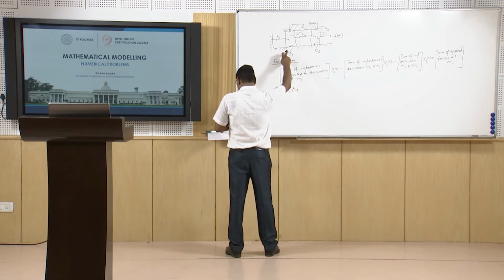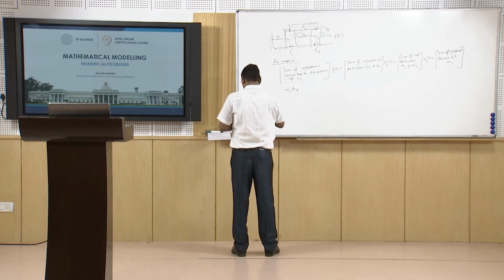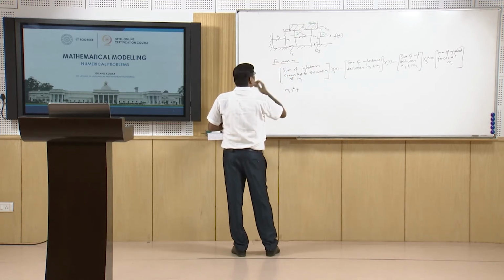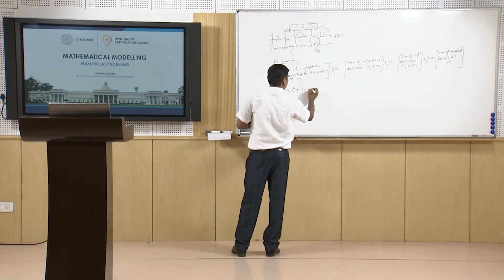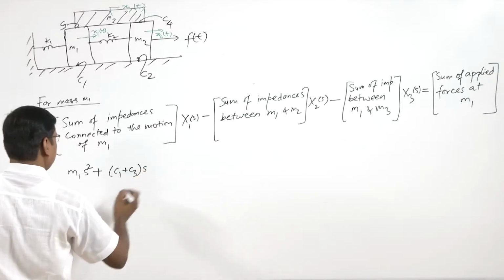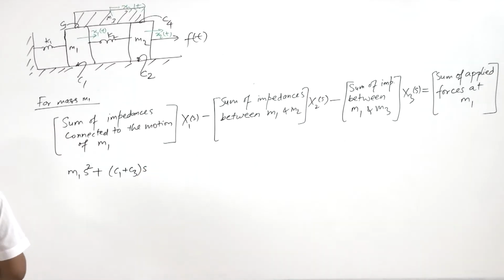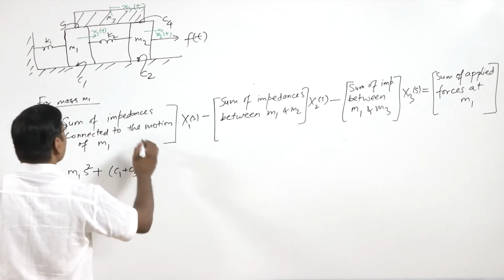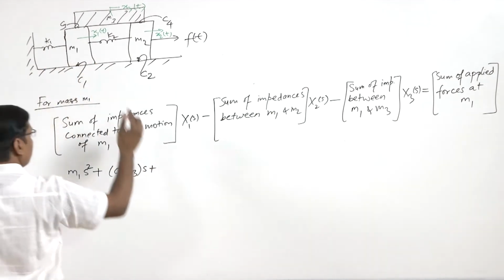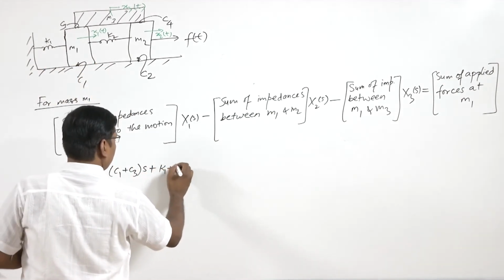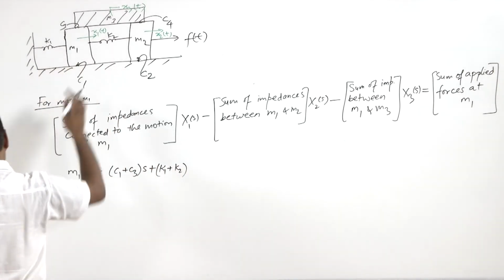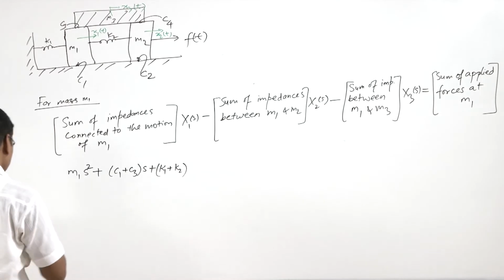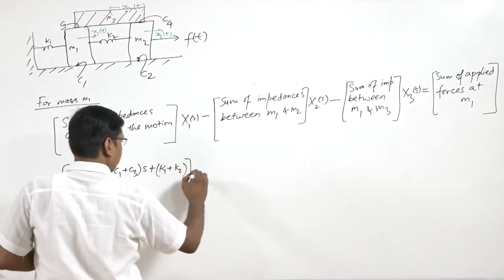Here we have C1 and C3 into s, and K1 and K2, the impedance due to these two springs, into X1(s).